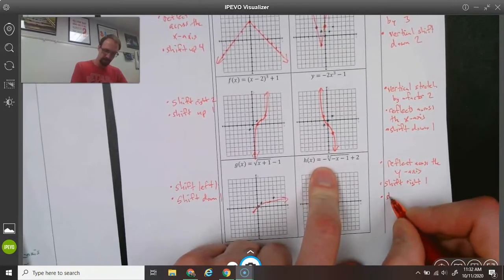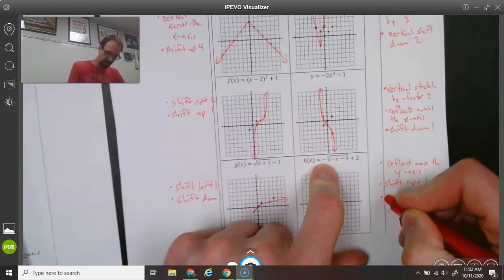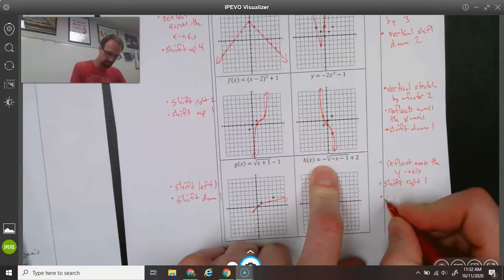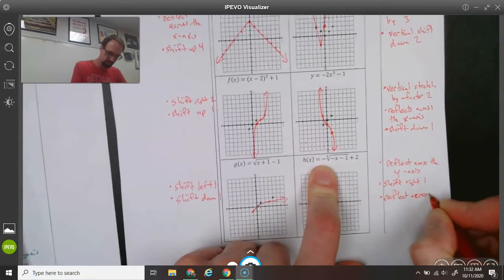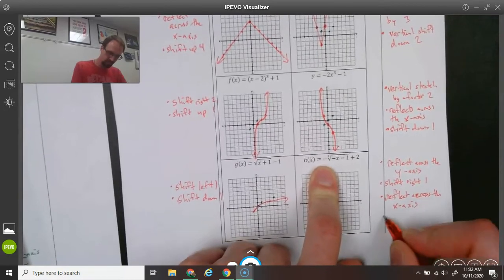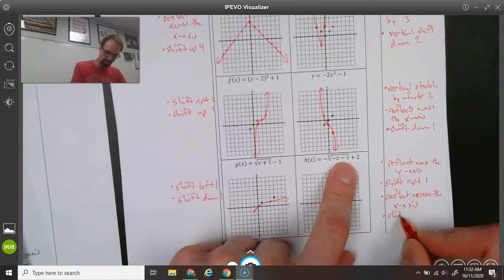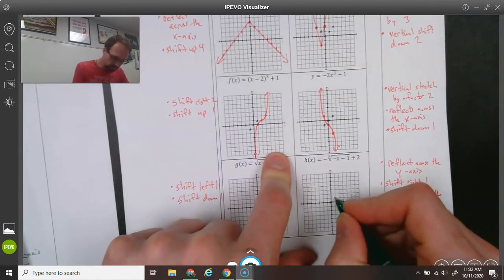This out here is then a reflection across the x-axis. And then here we shift up 2. So I have these values here.